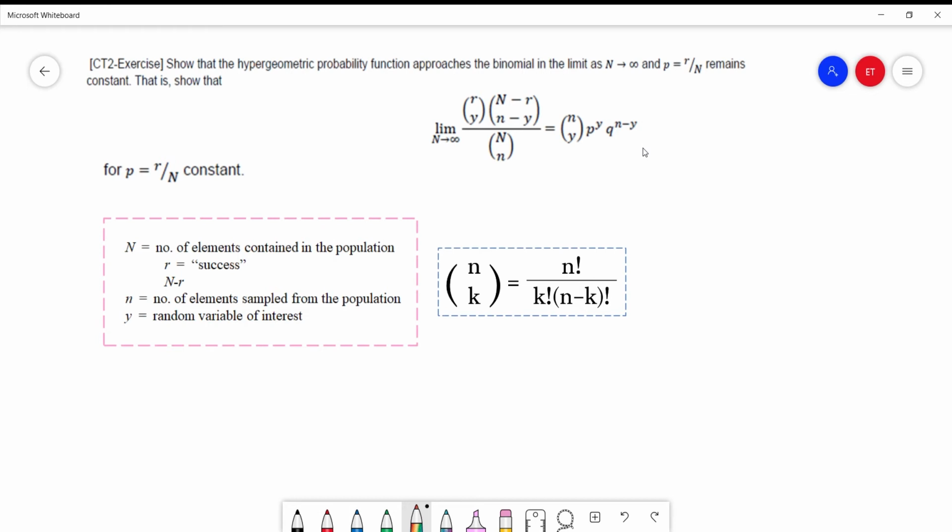So basically, this is saying that if N is large enough, we can use the binomial probability function to approximate the value of the hypergeometric probability. Finally, we are ready to go to the proof and see why this is true.